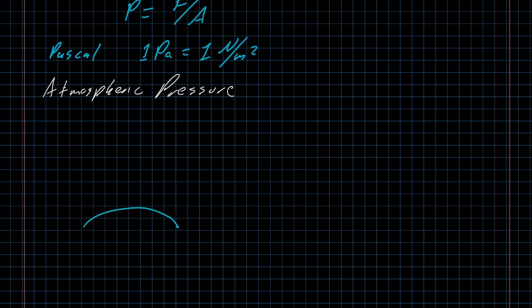And so if you think about the planet Earth, there is a huge column of air stacked on top of just about anything. And so the force of the weight gets spread out uniformly across the entire surface of the Earth, which means that pressure is a great way of representing that.